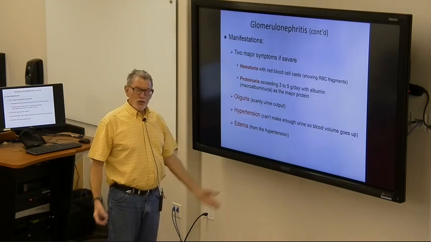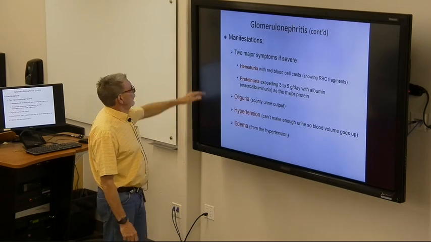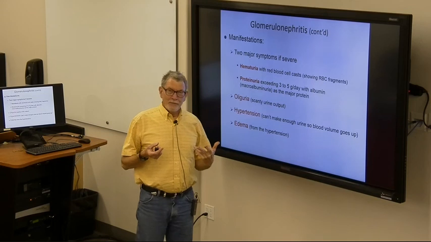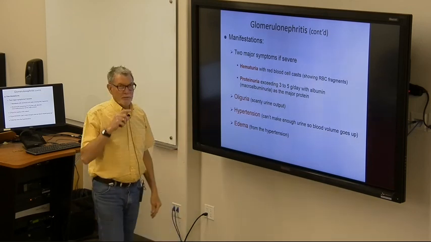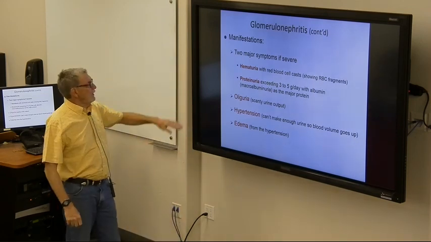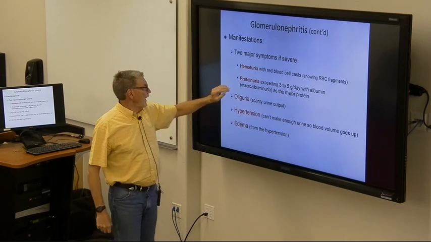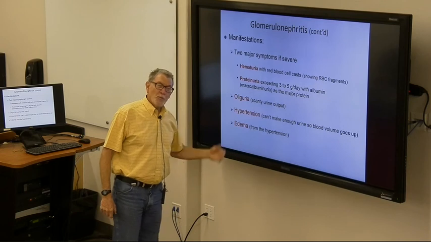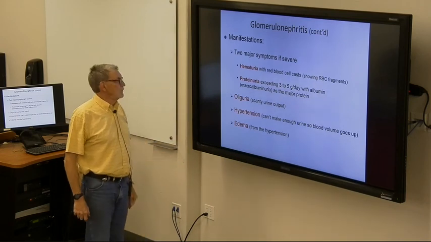Glomerulonephritis in general produces two major signs, besides the pain, the urgency of urination and the like, and that's blood in the pee, protein in the pee. Hematuria, proteinuria.